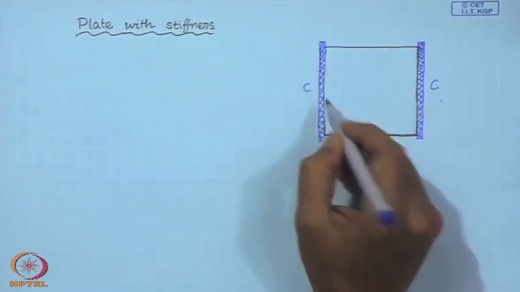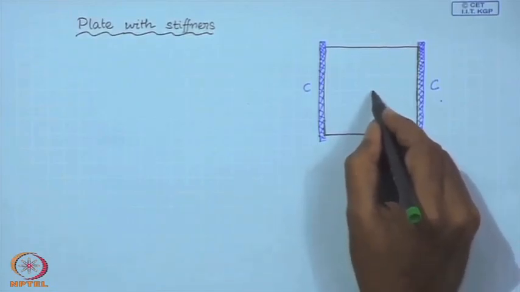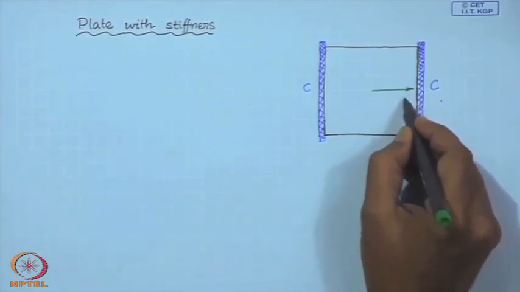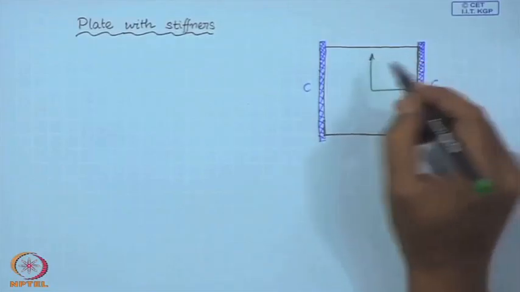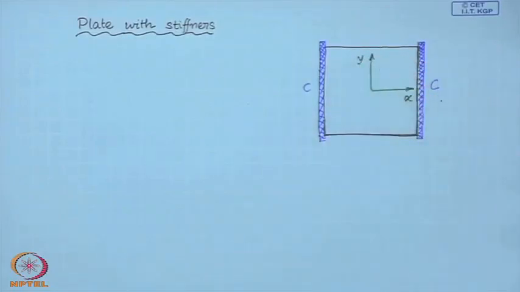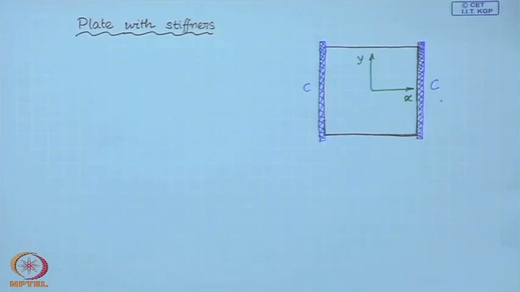So, these two edges are clamped. The coordinate system is located at the geometric center.